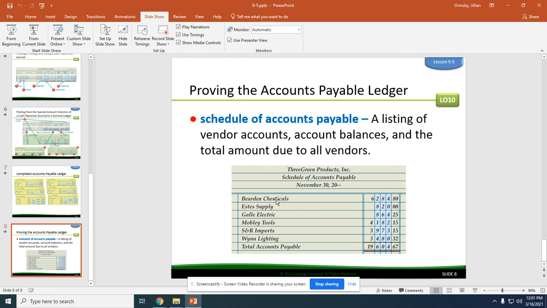You would list each one of the vendors you owe money to and the total amount that you owe to those vendors. Then the total amount would be your total accounts payable, and that number should match what you have in the general ledger. So the total of everything you have in the accounts payable ledger should match what you have in the accounts payable account in the general ledger.